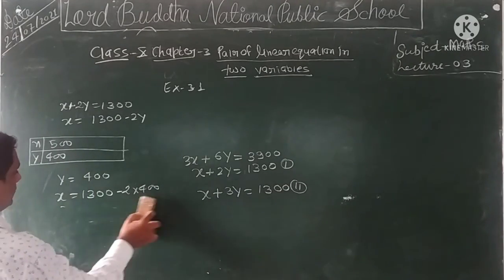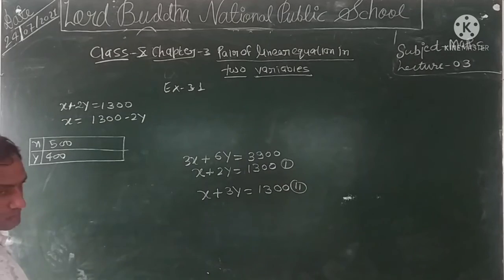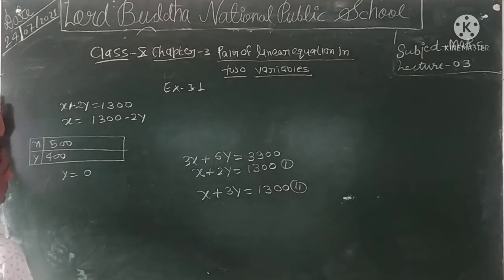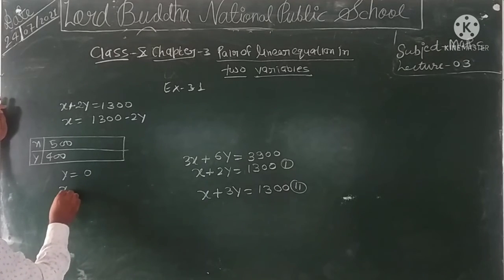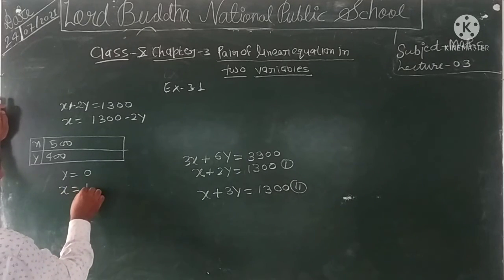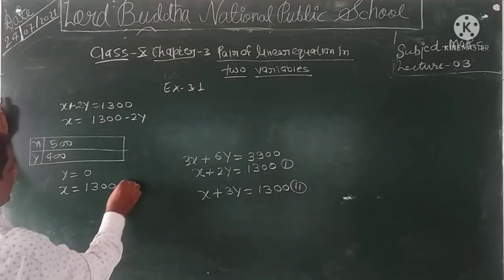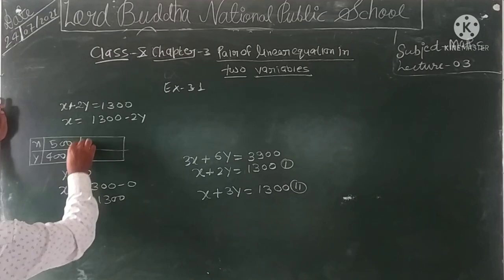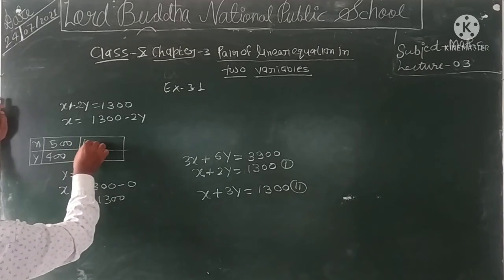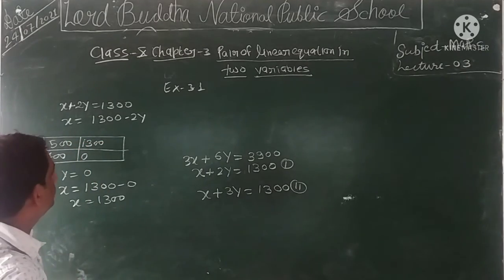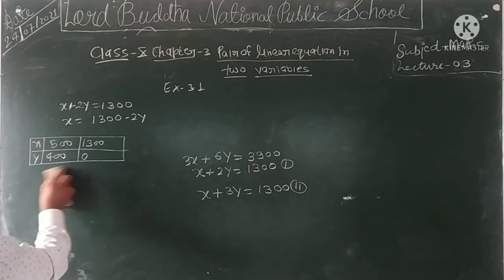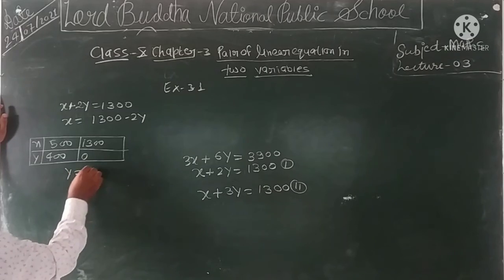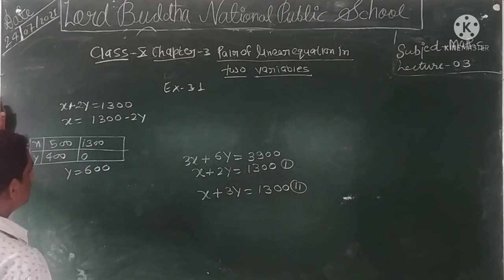Now we select the next values. We take y equal to 0. If y equal to 0, then x will be 1300 minus 0. X equal to 1300. Here y is 0, here x is 1300. Now we take another, y equal to 600.